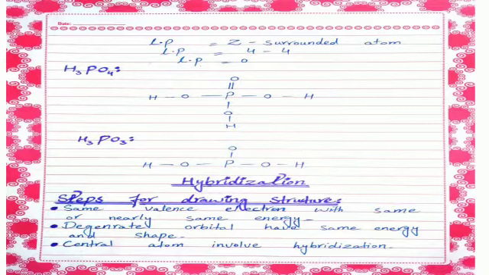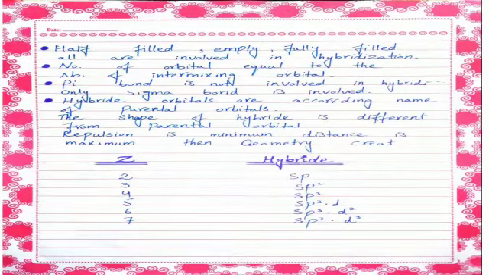The step is that the central atom is involved in hybridization. And the next point is that half-filled, empty and fully filled orbitals are all involved in hybridization. Next, the number of hybrid orbitals equals the number of intermixing orbitals. And the next is that the pi bond is not involved in hybridization, only the sigma bond is.